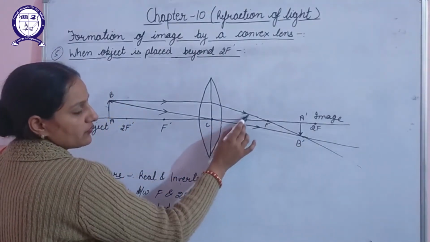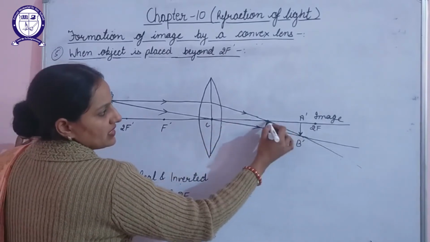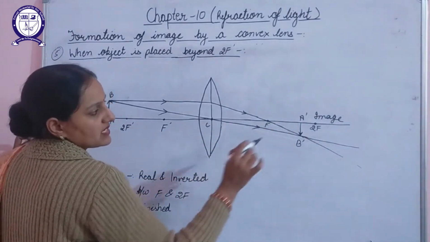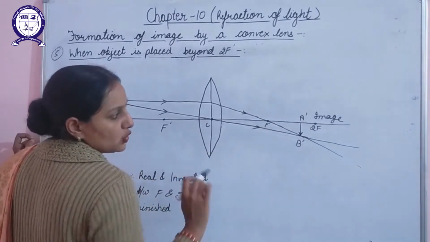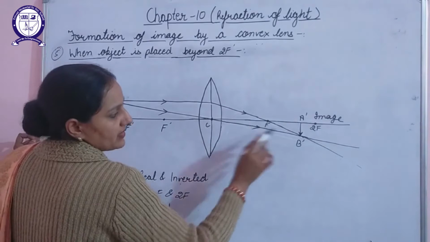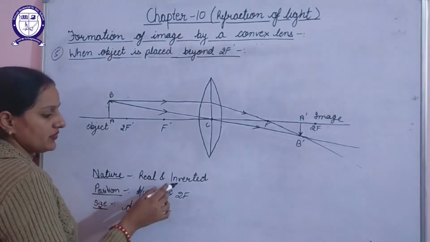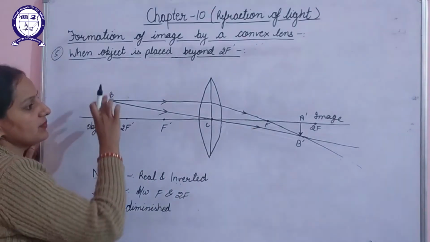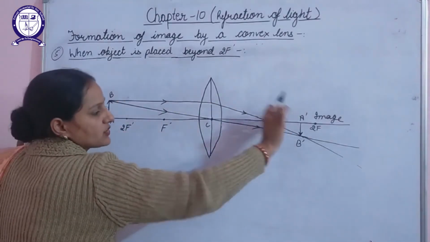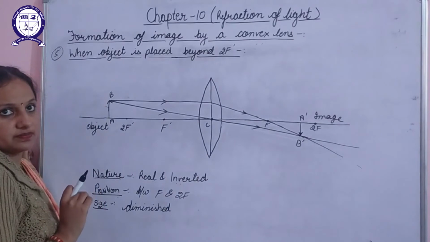Now these two refracted rays of light are meeting between f and 2f, so we will say that the image A dash B dash will be formed between f and 2f. As the rays of light are actually meeting, so nature of image will be real and inverted. Position is between f and 2f, and size, in comparison to the size of object, the size of image is diminished.